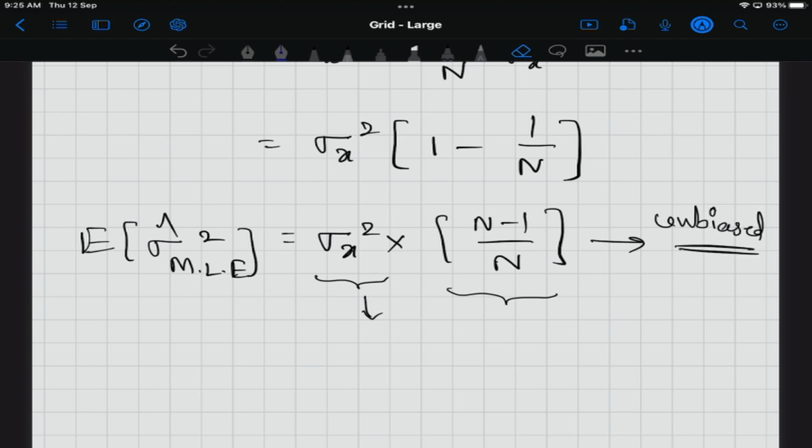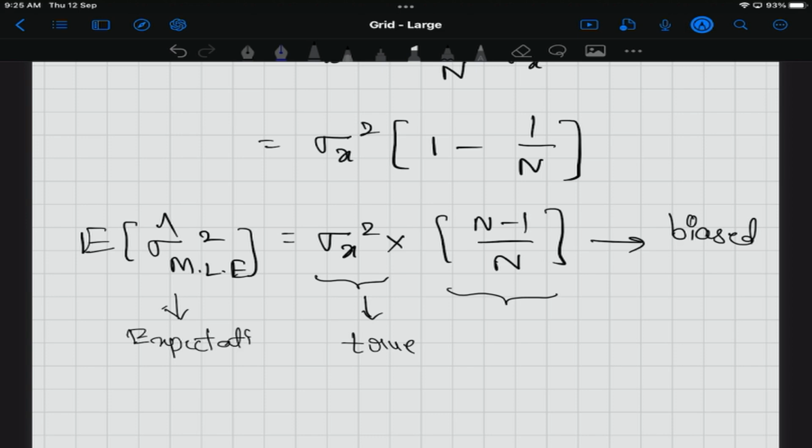Sorry, biased, not unbiased. Because you have a factor, this is your true one and this is the expectation of your estimated one. Both are not equal, right?